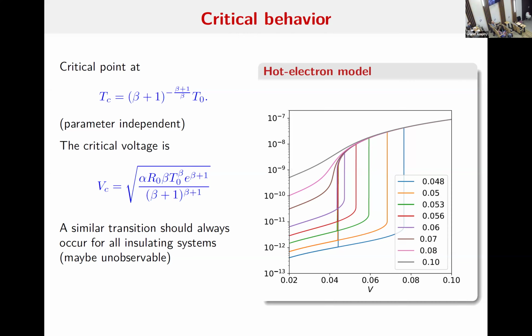So that's one thing: according to the model you should always see this transition, but in practice it's difficult to see. As I showed before, for the sample close to the transition, you see jumps, but very, very small. For the more insulating sample, you see huge jumps. So it's clear that in reality, sometimes you may follow this model, but in other cases you may not.